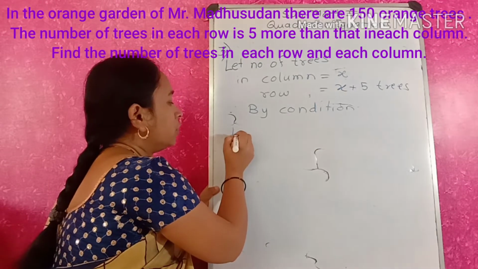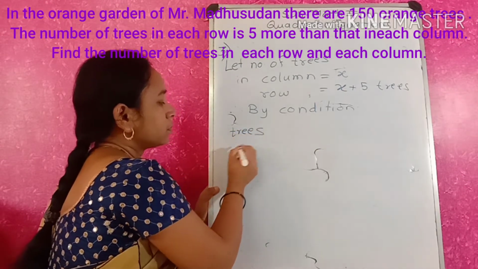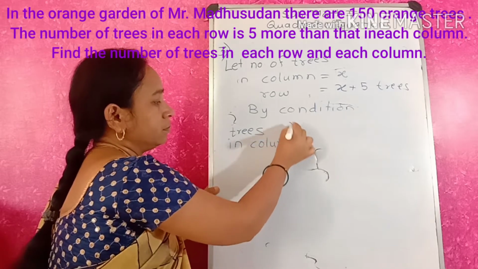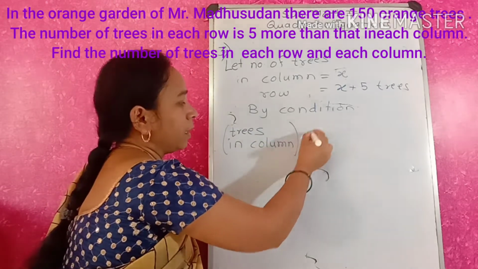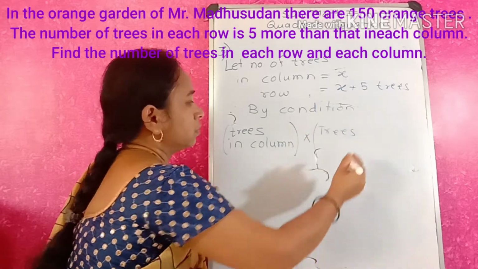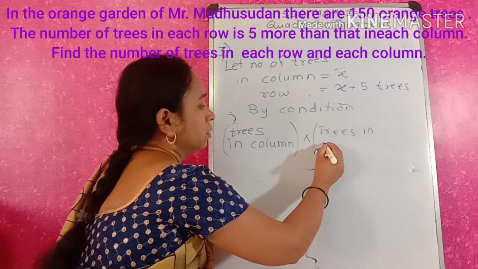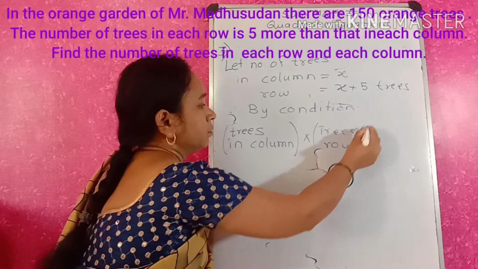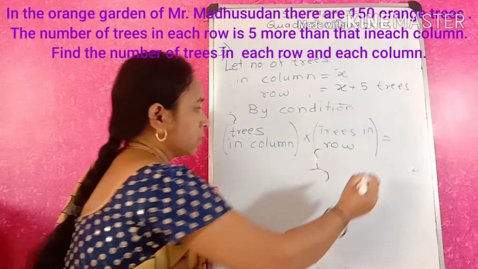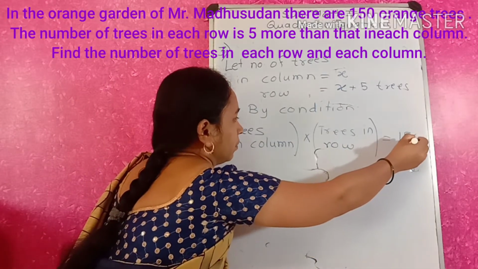So here I'll use trees in column multiplied by trees in row is equal to 150 trees.